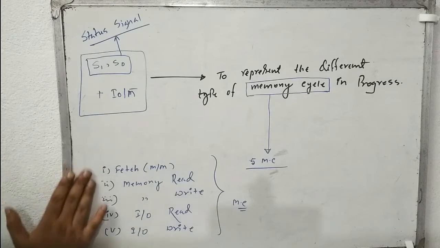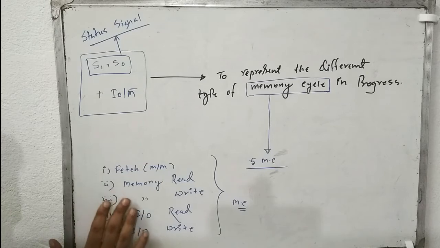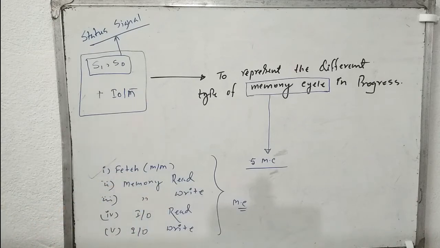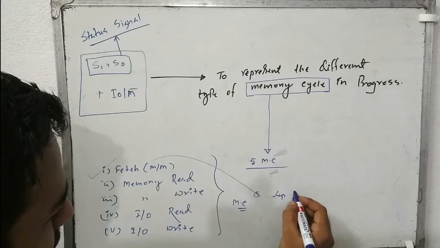At that time we will see all the machine cycles. As you can see, these two are the memory related read write operations, these two are the input output related read write operations, but this first one is quite new to us. So what is a memory fetch? What does it mean?